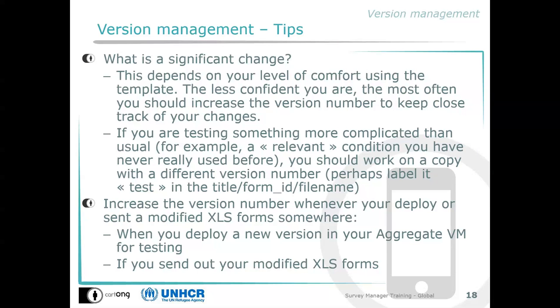Because if you end up sending the same number to the people to test, they will get confused. Well, which is now the one that I need to test? They all are the same at first glance. So this is quite important.